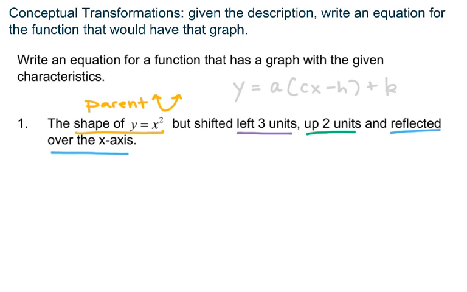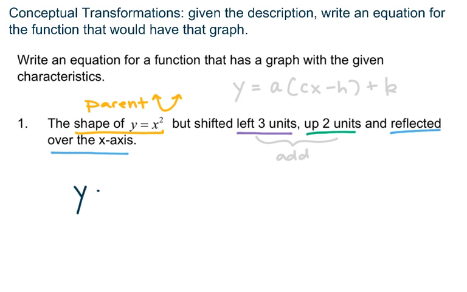All right, so left 3 units, up 2 units. These are a shift, and shifts come from adding. So one is horizontal and one is vertical. Remember, horizontal would be on the inside and vertical would be on the outside.